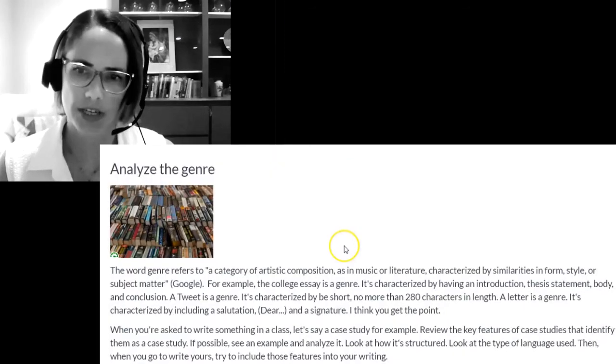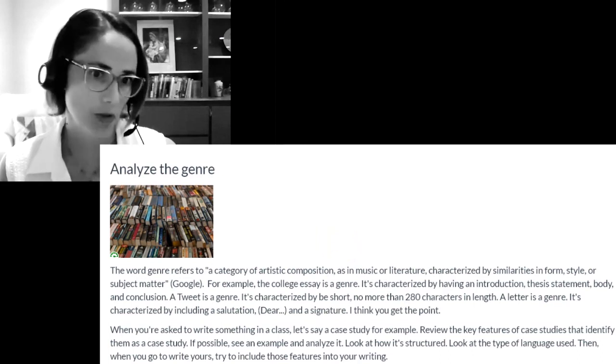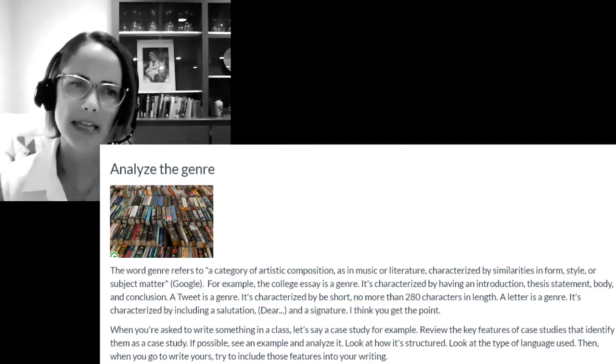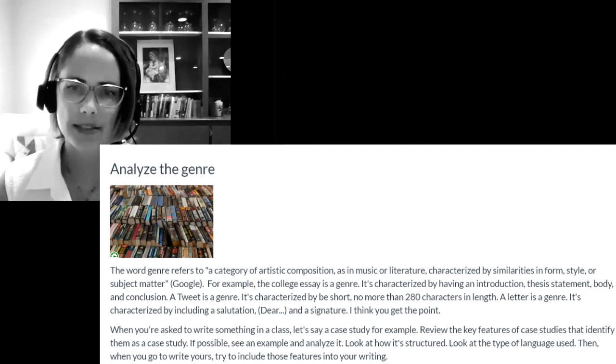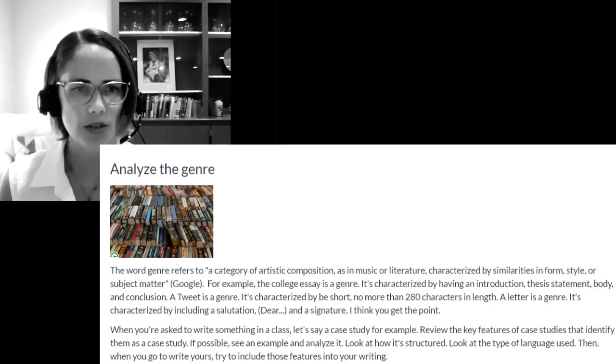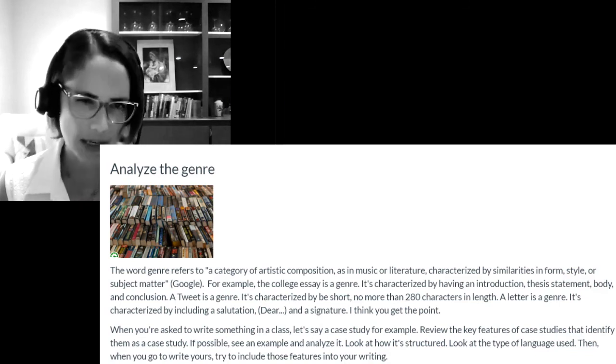Second, analyze the genre. Every type of writing is not going to have an introduction, a thesis statement, a body, and a conclusion. So you want to look at different examples of that type of genre that you're asked to write. For example, if you're asked to write a case study, the first step you're going to do is read different case studies.